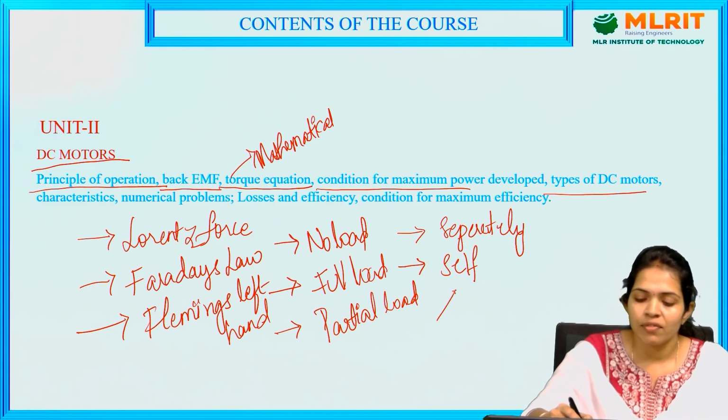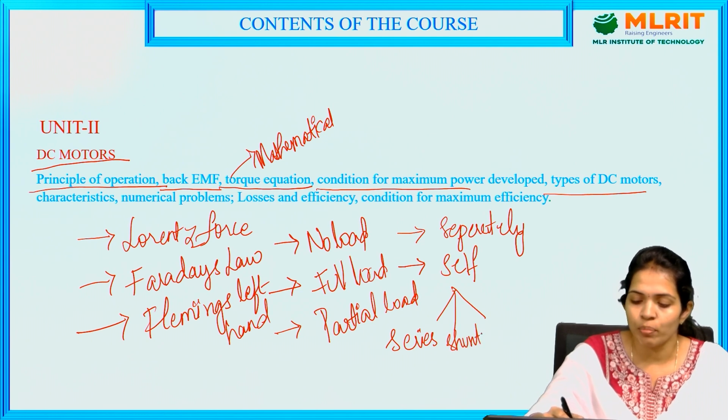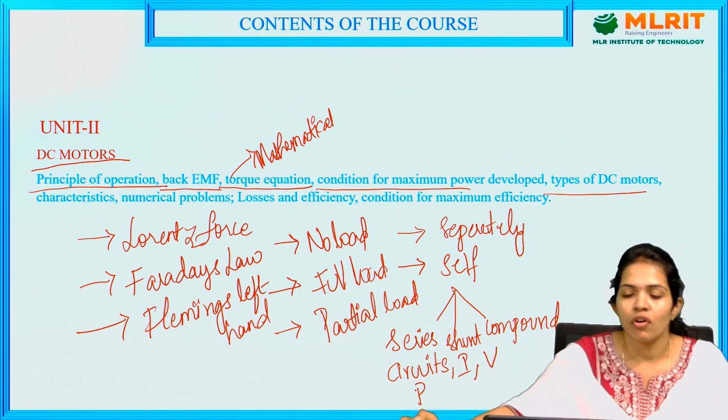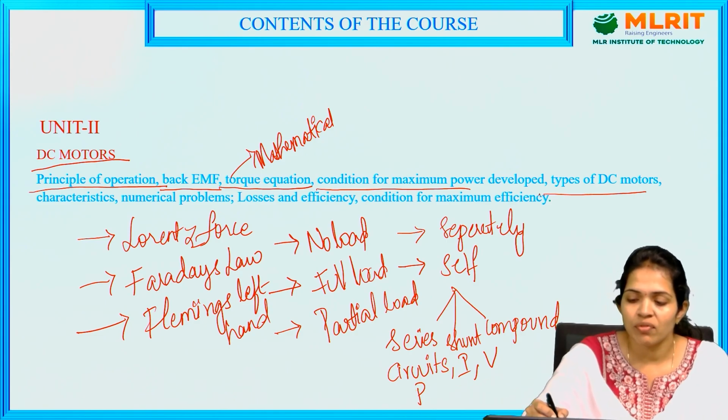Again, under self, we have three types: series, shunt, and compound. So about all these, we will be studying the respective circuits, what is the current relation, voltage relation, and power relation of all the motors, in this particular topic called types of DC motors.